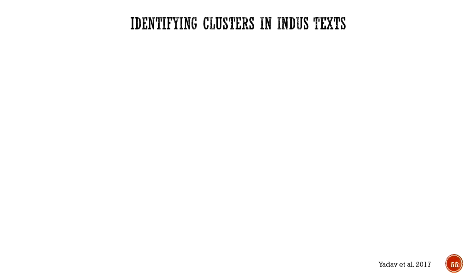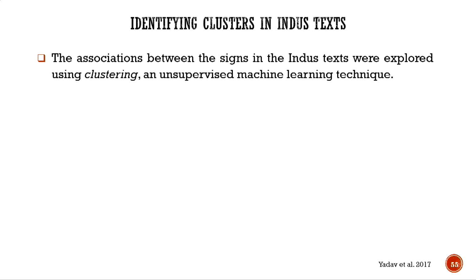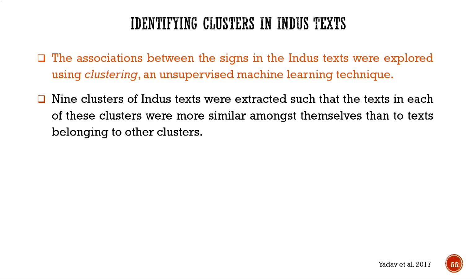So, the associations between the signs in the Indus text were explored using clustering, an unsupervised machine learning technique. Nine clusters of Indus text were extracted in this study, and it was found that the text in each cluster was more similar to each other than to the text from a different cluster.